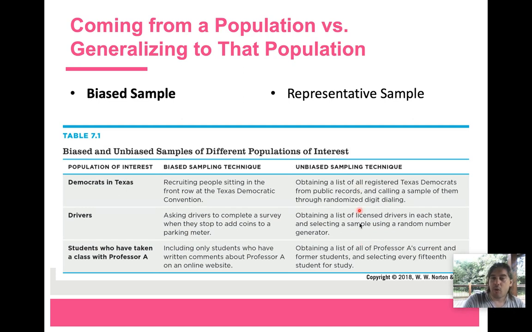Notice what makes these unbiased is the addition of some kind of randomness, some kind of probabilistic technique that gives everyone the same opportunity to be included, versus these sampling techniques, which are going to have sort of idiosyncratic nuances to who is chosen to be in the sample.